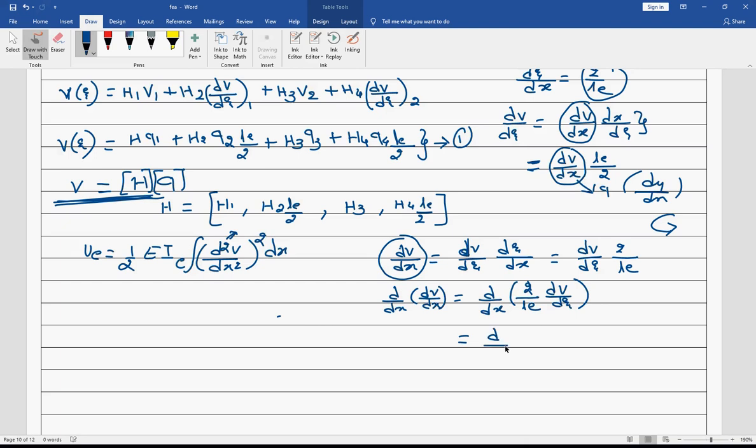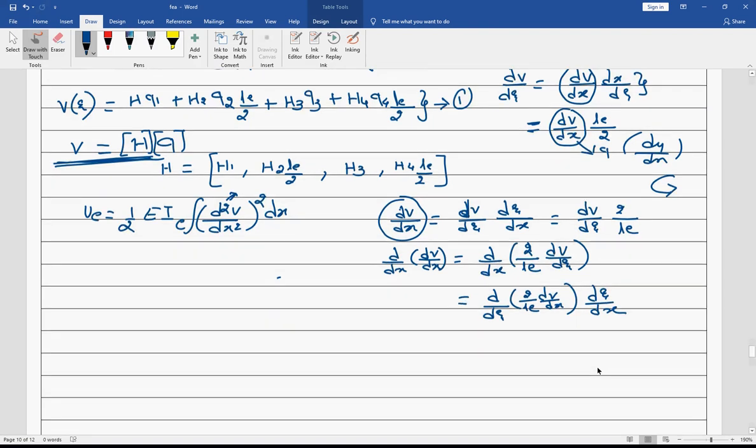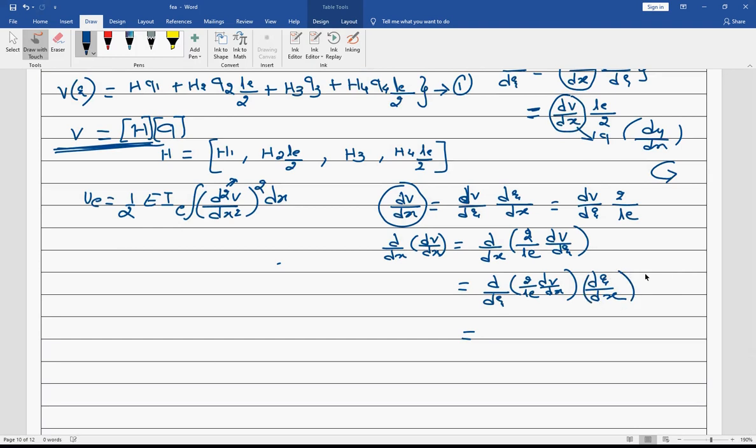That gives me d by d xi of 2 by Le dv by d xi times d xi by dx. The chain rule applies here also, and d xi by dx is again 2 by Le. So I get 4 by Le square into d2v by d xi square.